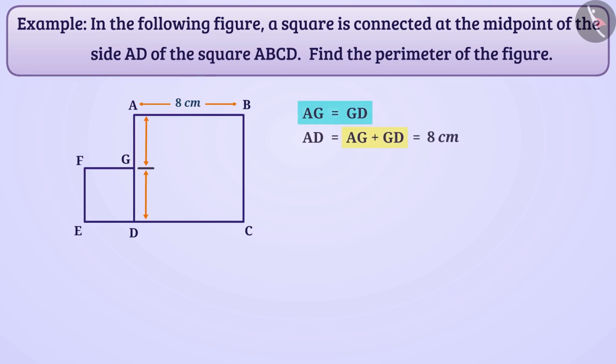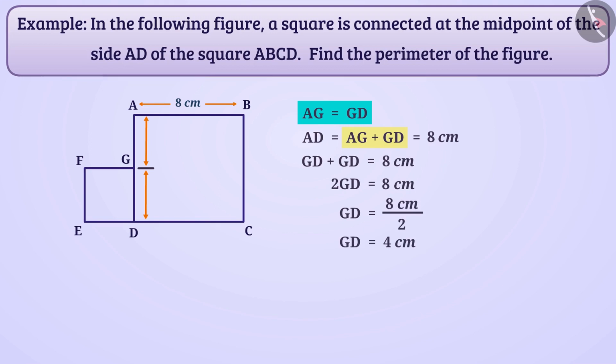Since AG is equal to GD, GD plus GD is equal to 8 cm. Twice GD is equal to 8 cm, so GD is equal to 8 cm divided by 2, which is 4 cm. That is, the length of the side GD of square DEFG is 4 cm and the length of the side AG is also 4 cm.